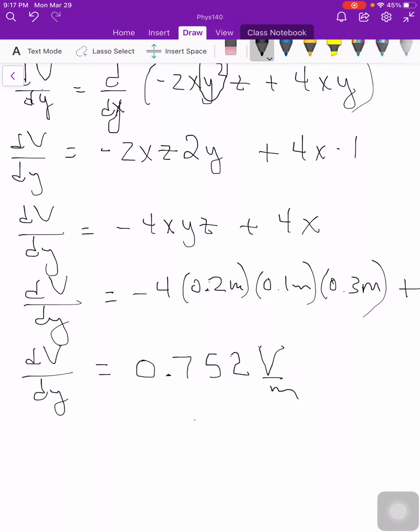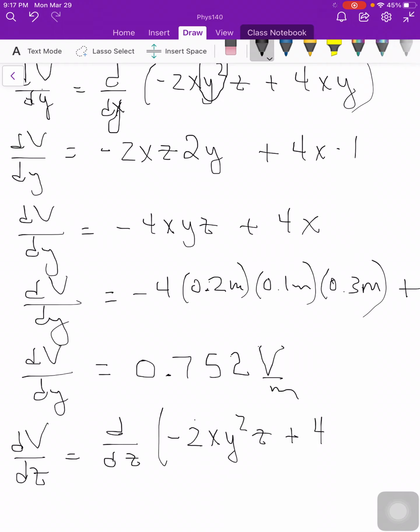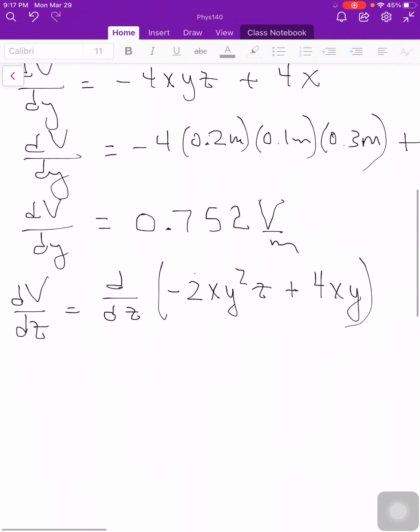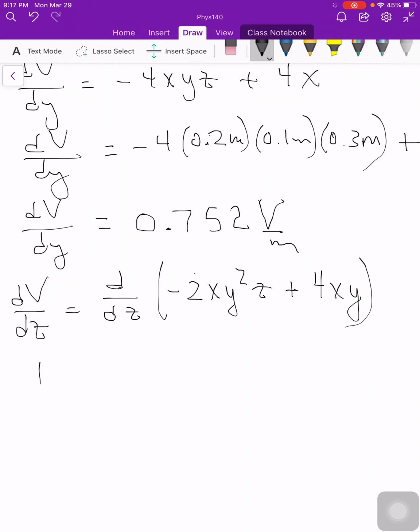And now the last one, dV dz is equal to d dz of negative 2xy squared z plus 4xy. Here the 2, the x, and the y squared are all constant, so I have negative 2xy squared, and when I take the derivative of z, I just get 1.